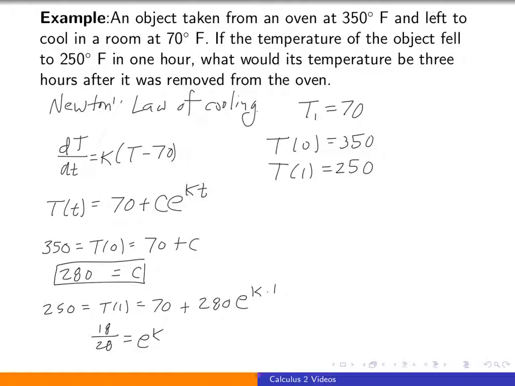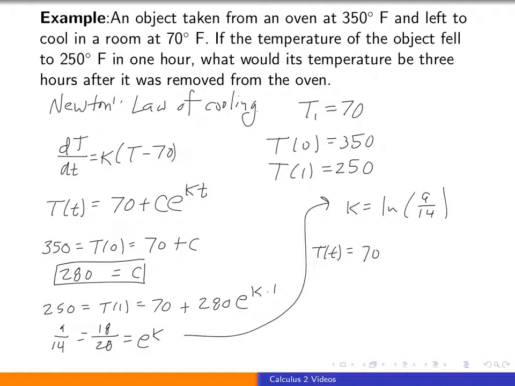We can simplify this a bit further to 9 over 14, so that our k value is the natural log of 9 over 14. Putting this all together, we now have our formula for the temperature of this object after t hours. It will be the surrounding temperature, 70, plus our c value, 280, e to the kt.